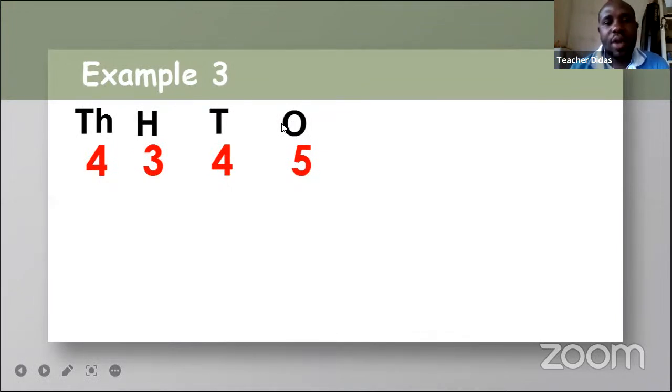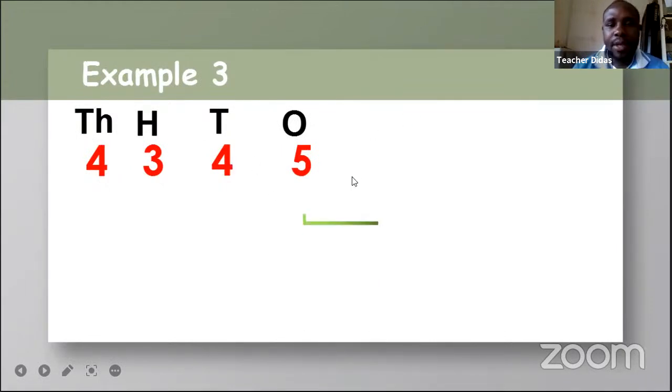The first letter of the word ones is O. The first letter of tens is T. The first letter of hundreds is H. And for thousands, write the first two letters, so we can separate it from the T of tens. That's why I write it like Th for thousands.